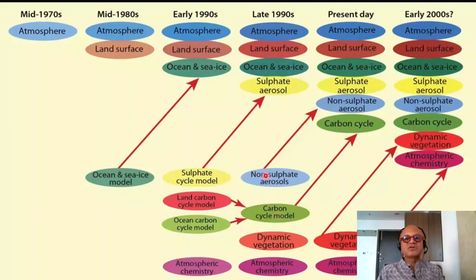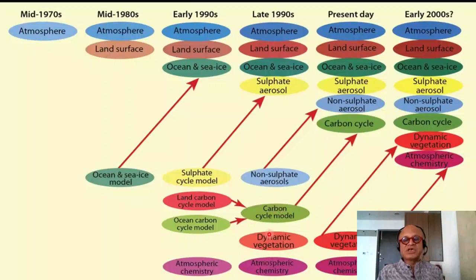Non-sulfate aerosols also evolved in the late 1990s. Aerosol science became more and more common by then, because we were understanding more and more about aerosols, their direct impacts in terms of radiation absorption, scattering, indirect effects in terms of their impact not just on clouds and precipitation, but even other things like hurricanes, monsoon circulation, and so on and so forth.